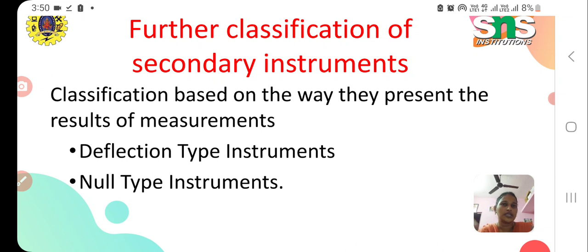So instead of giving the actual indication of current, it gives a zero indication, which gives the measurement of an unknown resistance in the case of a DC bridge. So there are instruments which give null type deflections.